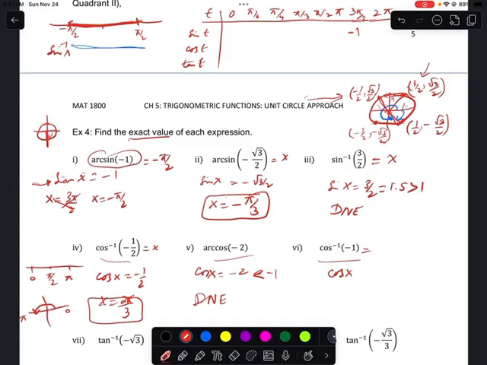So what is that value? That is 2 pi over 3. So we will say that x is equal to 2 pi over 3. But now we check, are we saying it correctly? Because we have to make sure that the angle is between 0 and pi, which it is.